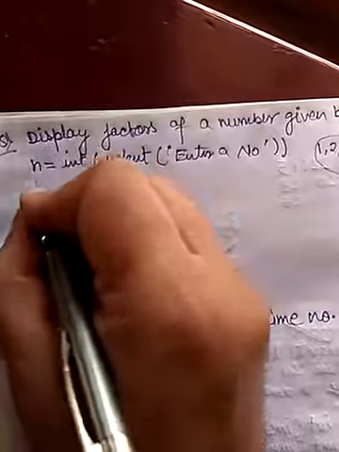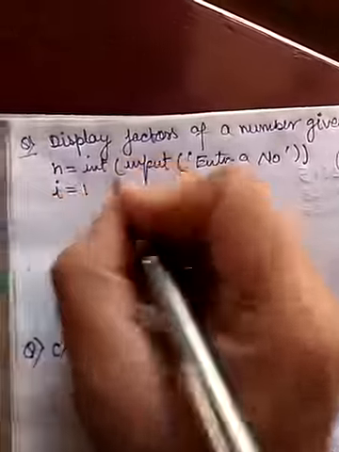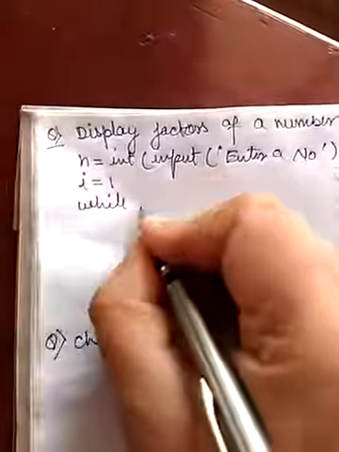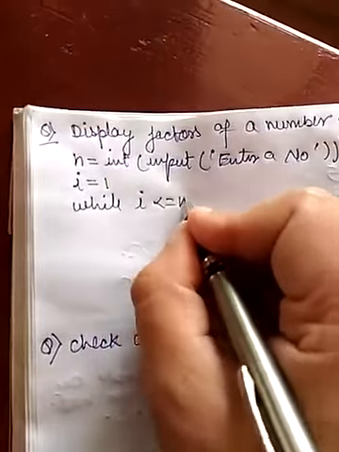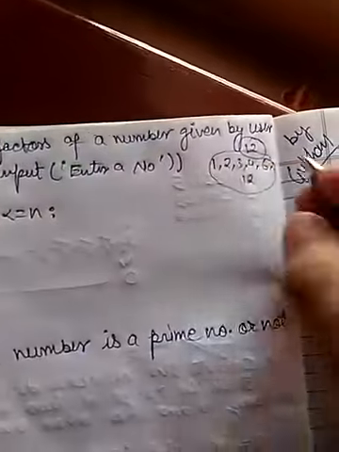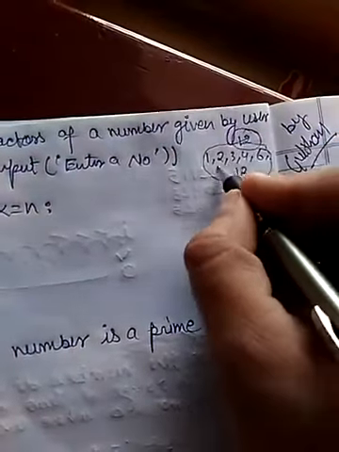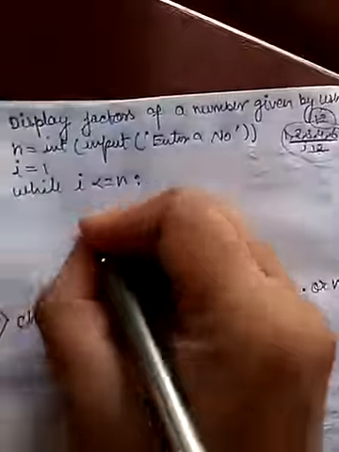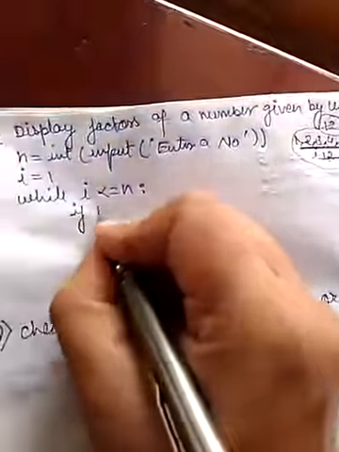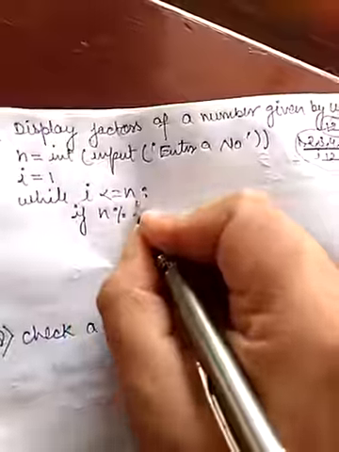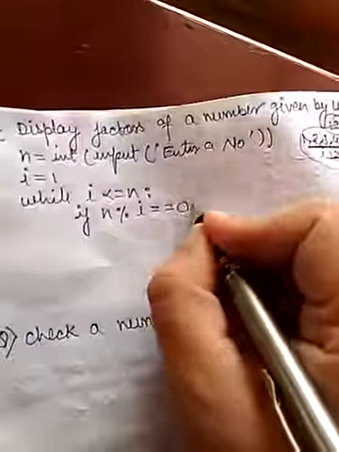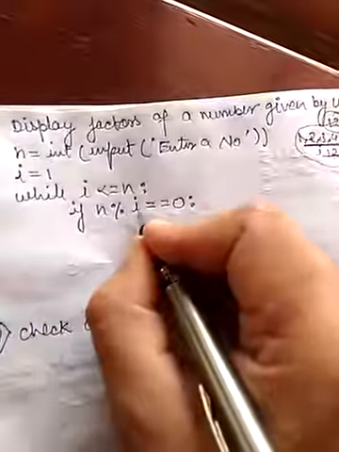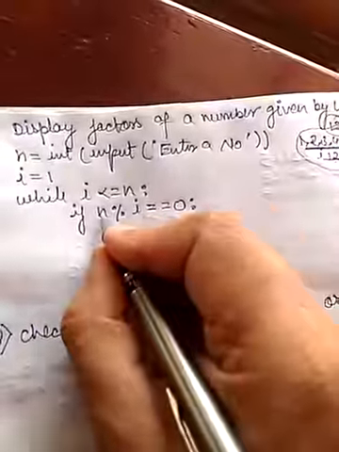So we are writing the loop. We are initializing the loop index I by 1, while the value of I is less than or equal to n. Now I need to check whether this number n is divisible by I or not. So I am checking if n mod I equals 0, which means when this number gets divisible by I, then I will be a factor of that number.